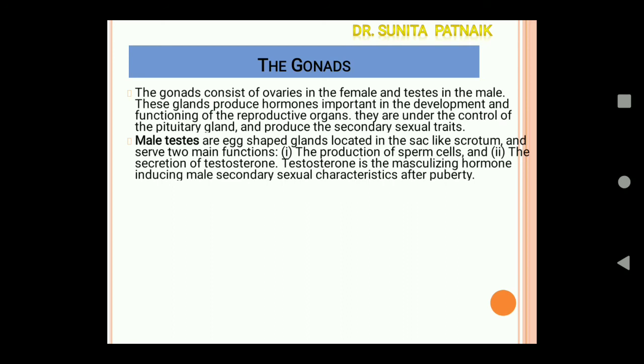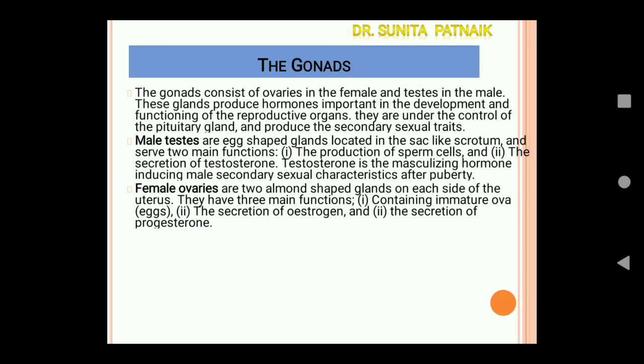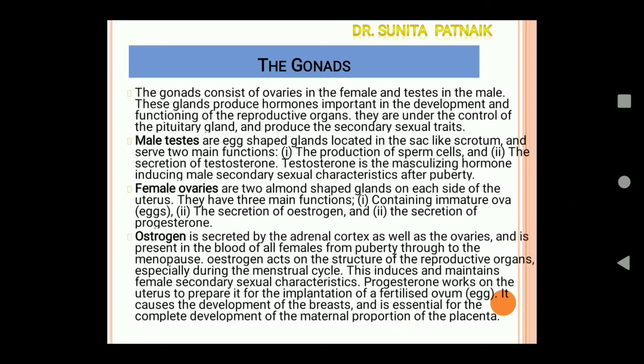Testosterone is the masculinizing hormone, inducing male secondary sexual characters after puberty, whereas ovaries are almond-shaped glands on either side of the uterus. Their main functions are containing immature ova and secretion of estrogen and progesterone.